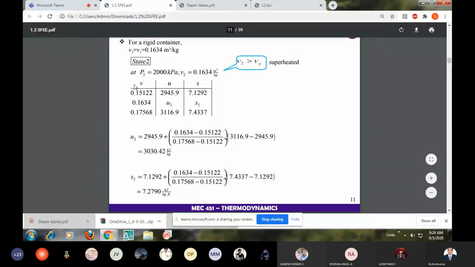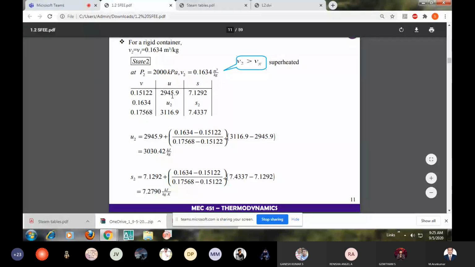So to solve this interpolation, take this example. We know the value. We can take the value of specific volume for 0.15122.